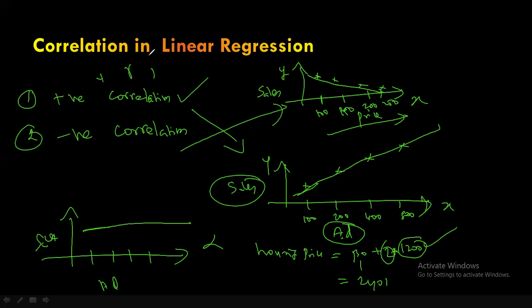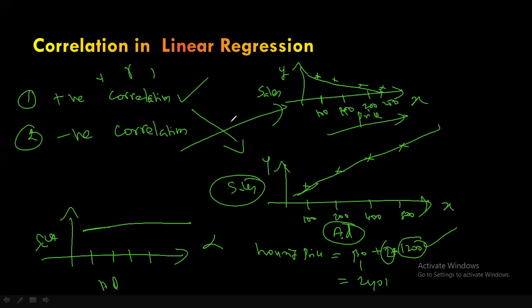Any value that is closer to 1 means there exists a strong relationship between the two numerical variables. If the R value is equal to 1, there is a perfect positive correlation.